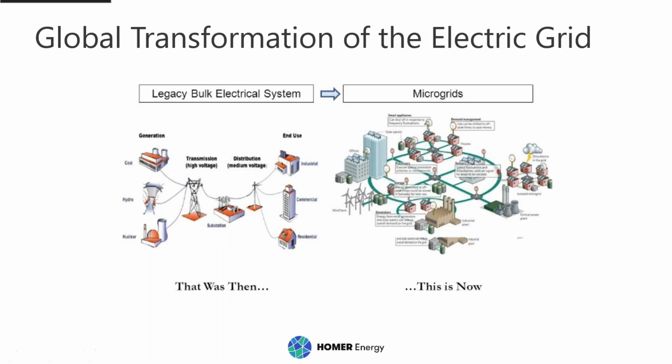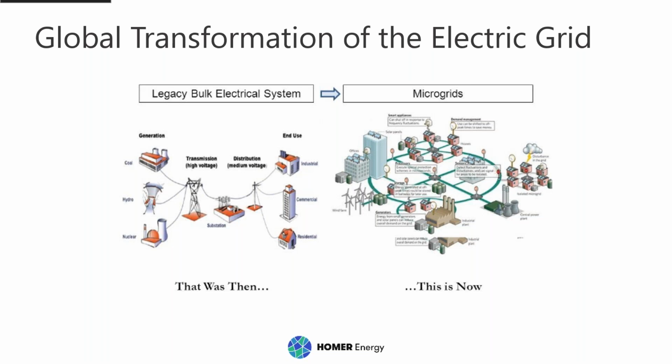Okay, so what we're seeing in the world today, as was mentioned, I've been in this industry for about 30 years, and when I was first starting out, much of our electric grid received its energy from centralized power stations, and it's still quite popular that way around the world.